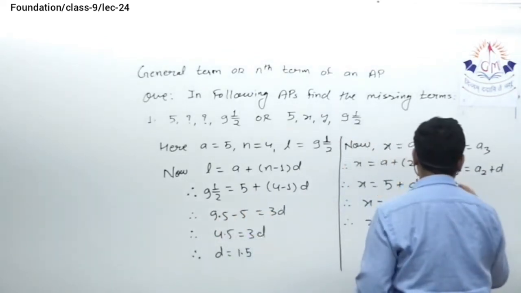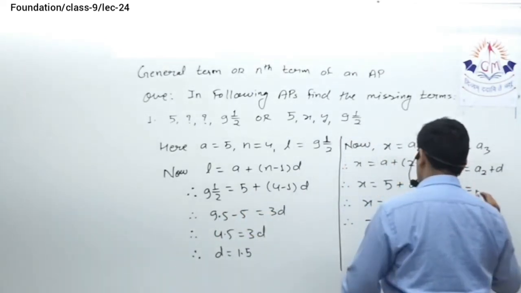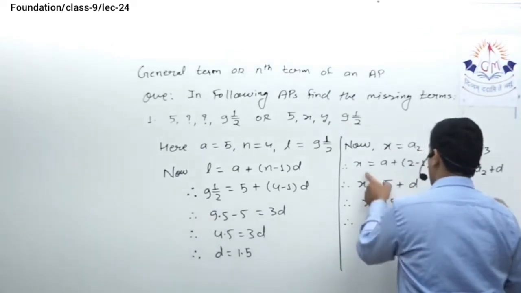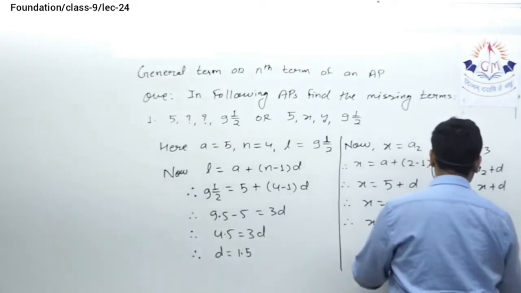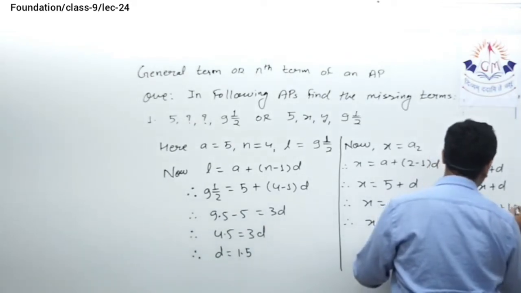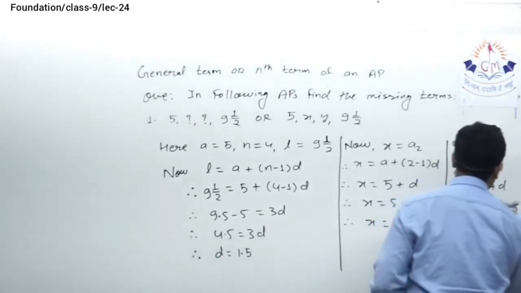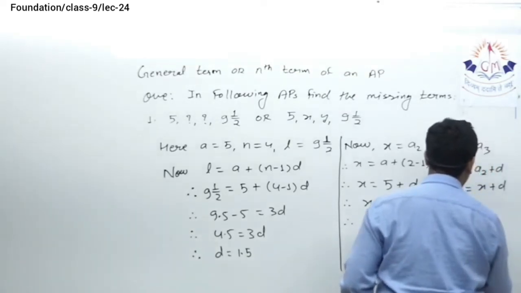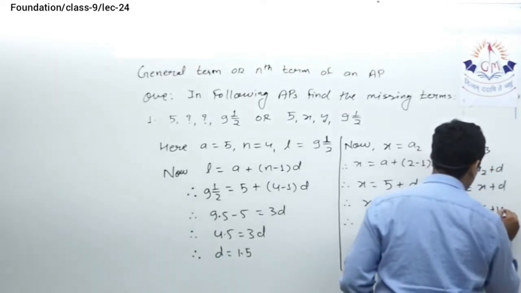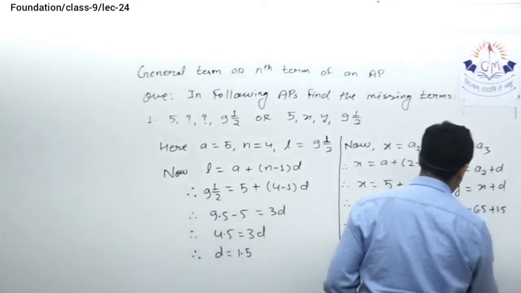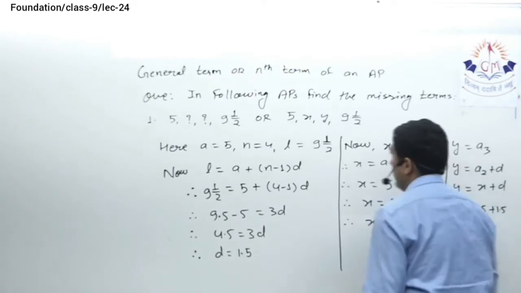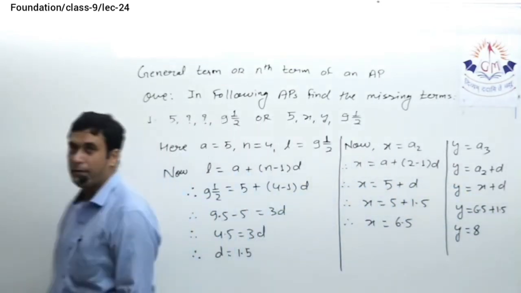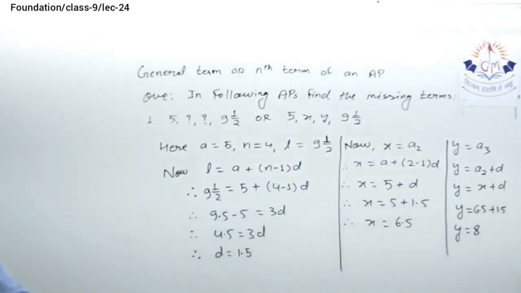So y is equal to a2, that is x, plus d. x is 6.5 and d is 1.5, so y is 6.5 plus 1.5, that is y is equal to 8. In this way we can find the missing term. Please note it down, then we'll see the next question.